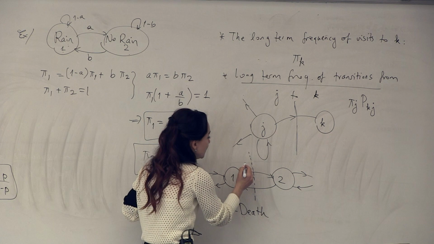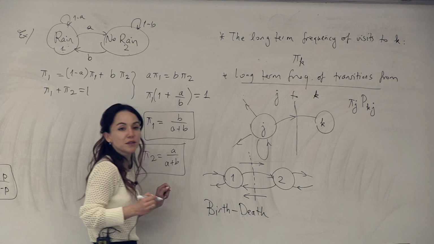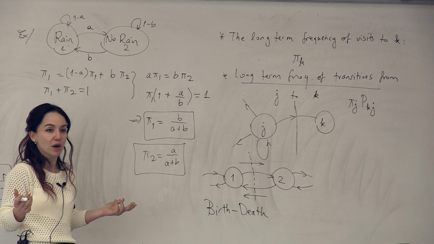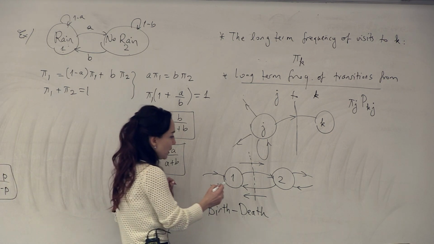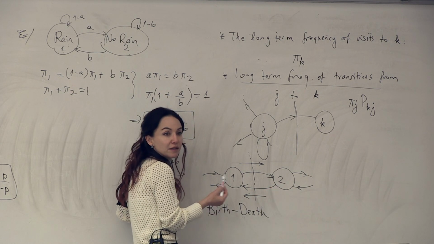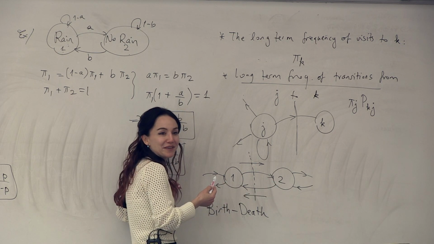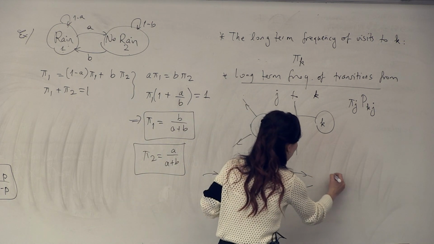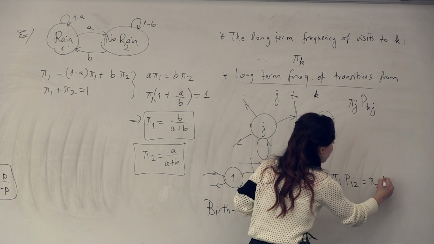If there is steady state, the frequency of transitions going this way should be equal to the frequency of the transitions going that way. Otherwise, there wouldn't be a steady state. For every transition that went this way, there must be a transition coming back, because the only way of going is coming back. So then we find that pi1 p12 should be equal to pi2 p21.